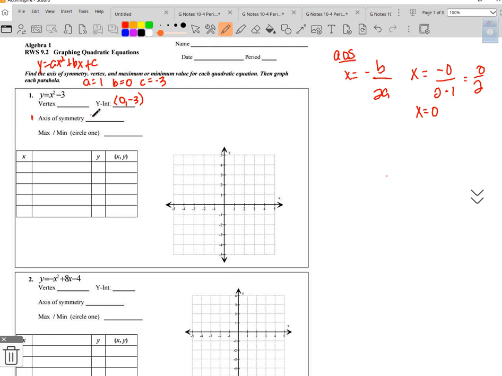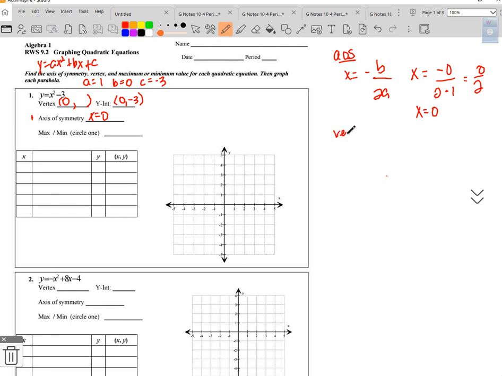Remember, axis of symmetry has to be an equation, x equals some number. The axis of symmetry is always the x-coordinate of our vertex. Remember, our vertex has to be an ordered pair as well. So to find our vertex, we plug our axis of symmetry in the original equation.